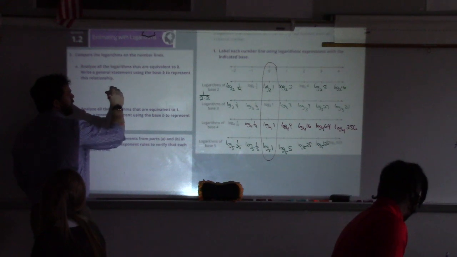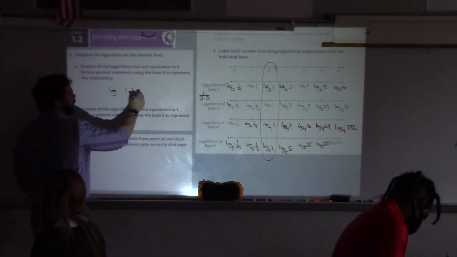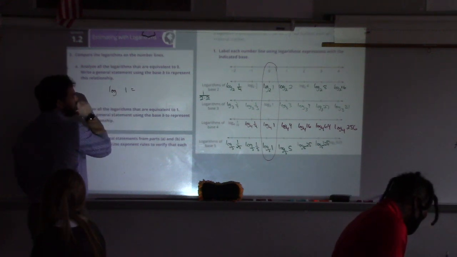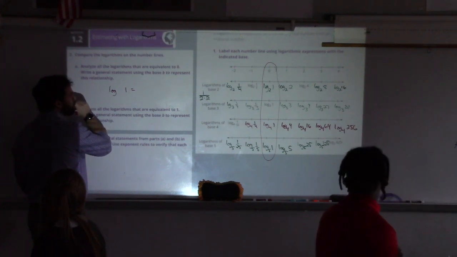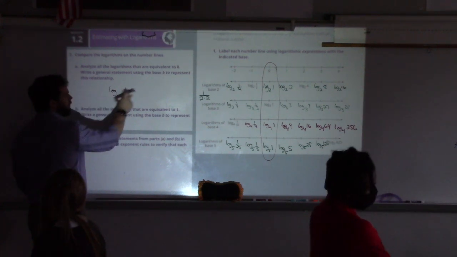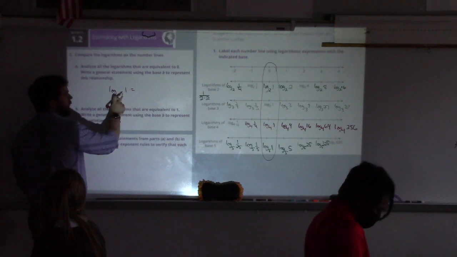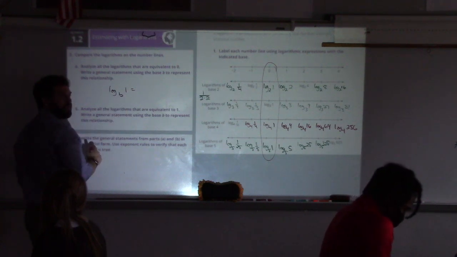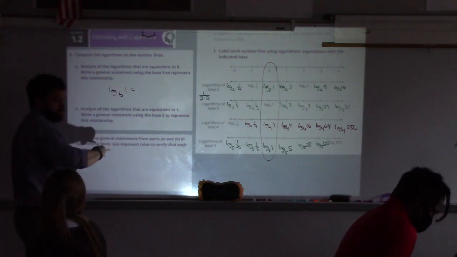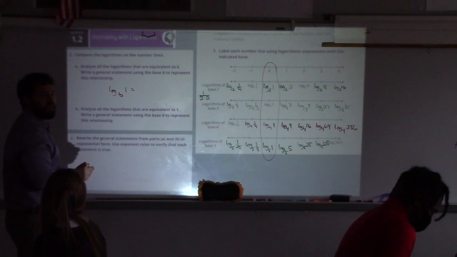So log base what of 1 equals what? Can you put X in the base? Well, look at the directions. This was put b. Why are we putting a b there? b stands for base, meaning that base could be anything. Kind of.